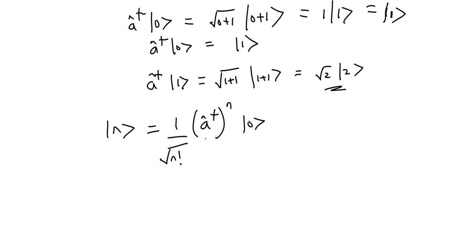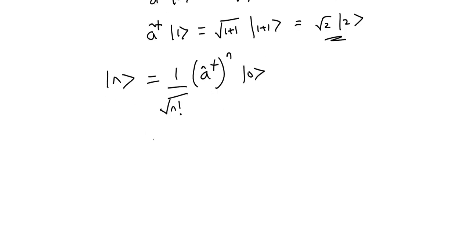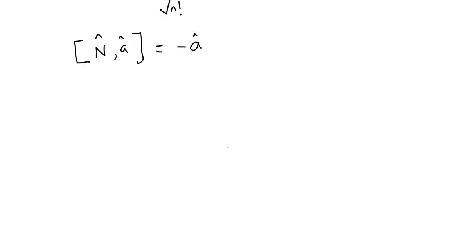Now you should also know that the commutator of the number operator with the lowering operator gives minus 1 multiplied by the lowering operator. How do we prove this? We prove this by using the definition of the number operator, which is a dagger a.